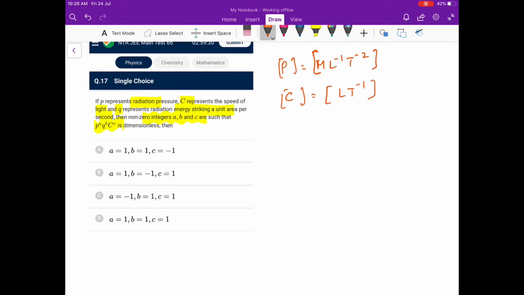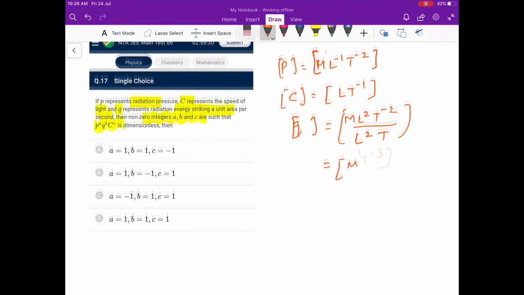Now Q represents radiation energy striking a unit area per second, energy per unit area per second. So energy per second is power, and power per unit area is intensity. So energy is ML2 T minus 2, area is L square, per second means T, so it comes out as MT minus 3.